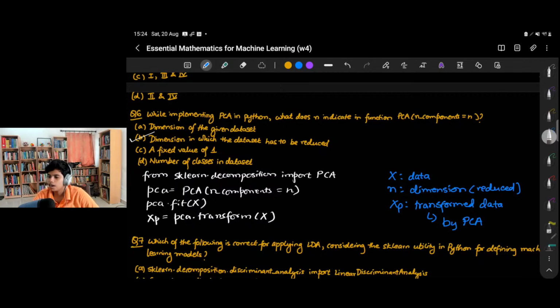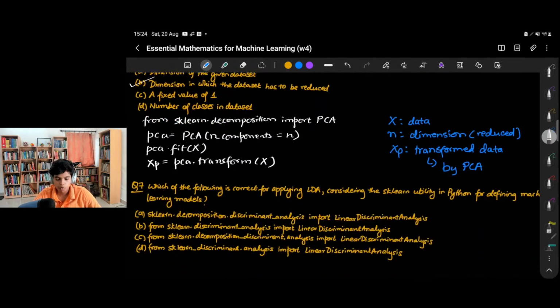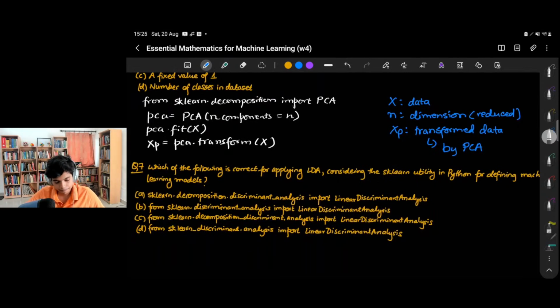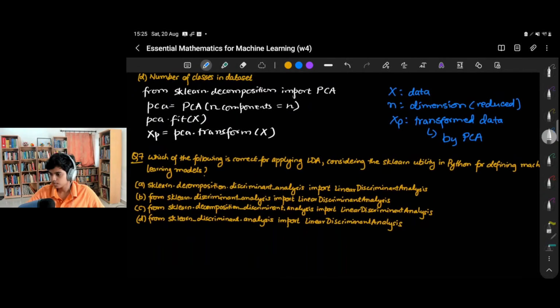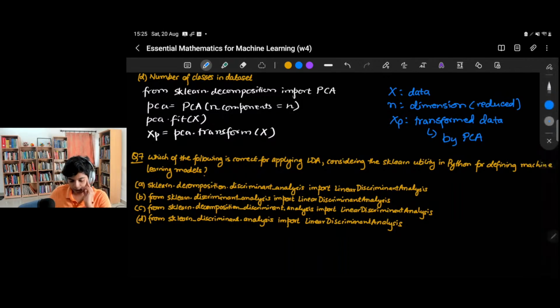Next, we have another Python question for implementing LDA. The question is, which of the following is correct for applying LDA considering the sklearn utility in Python for defining machine learning models? So we have these 4 options for using sklearn for performing LDA.